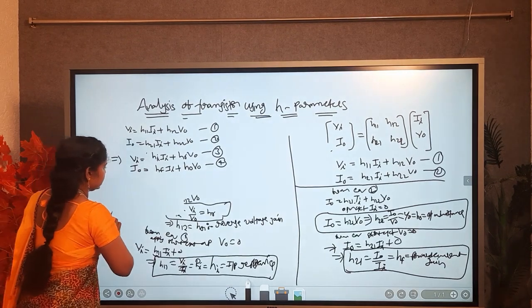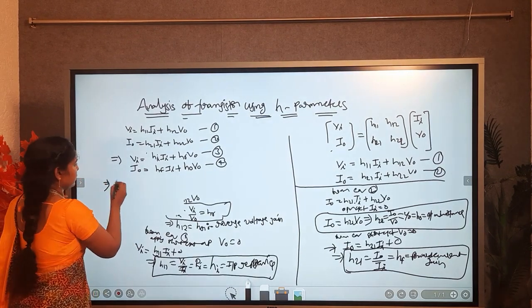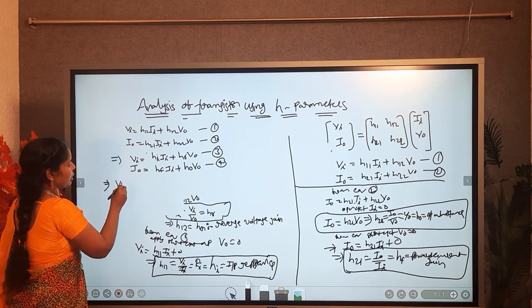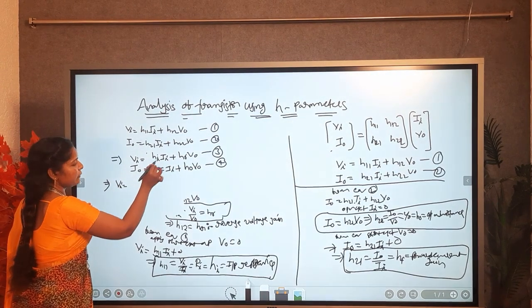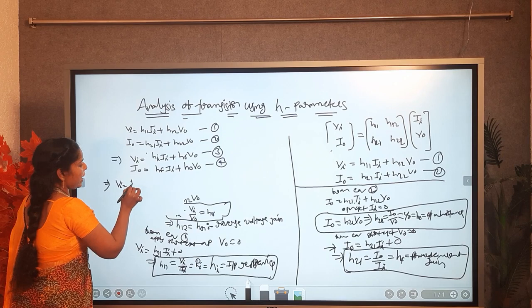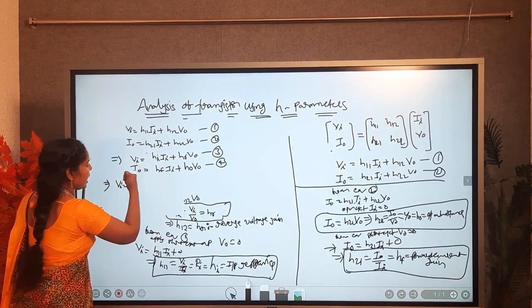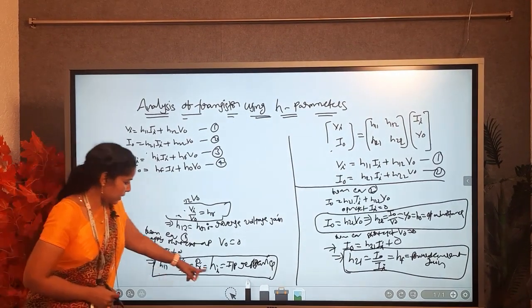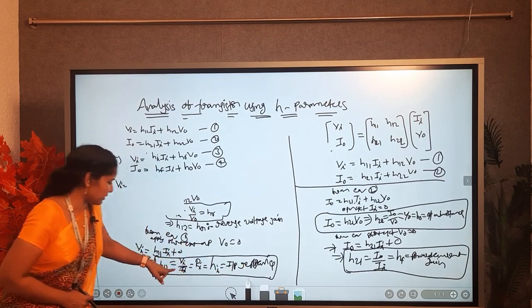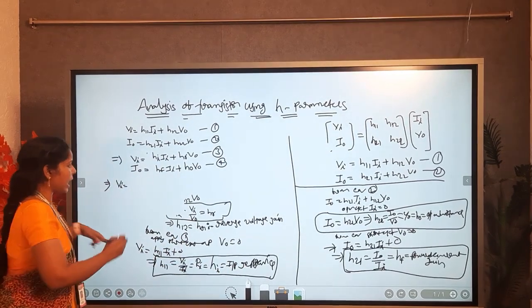From equation number 3, VI equals HI into II plus HR into V naught. HI is the input resistance, that is VI by II.